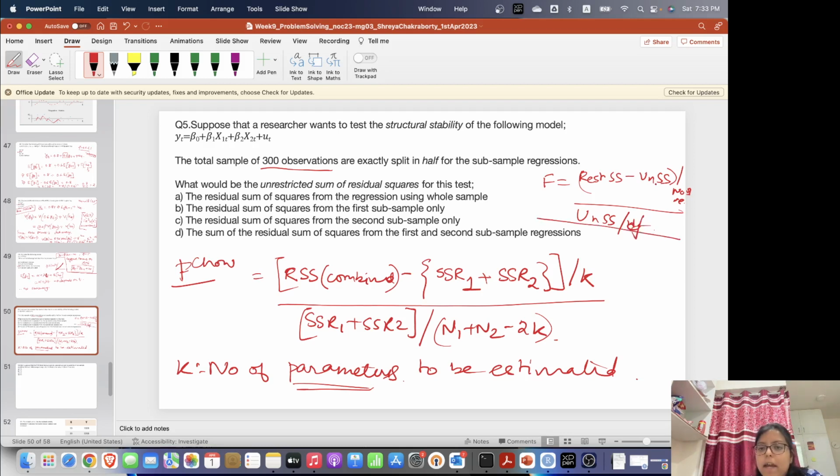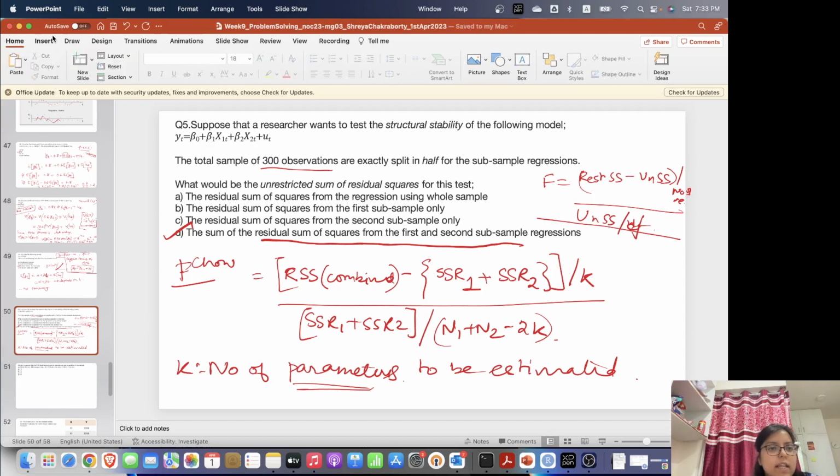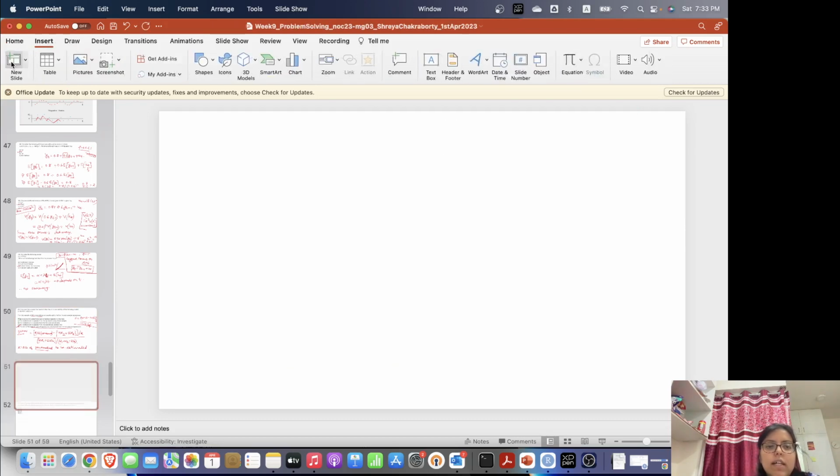So if we compare, then the unrestricted sum of squares will be the sum of the residual sums of squares from the first and second sample regressions. And the logic is that if I do a comparison between the two test statistics, then I am getting it that way. But that is not exactly the correct thing to do. The correct thing is, why is it so?